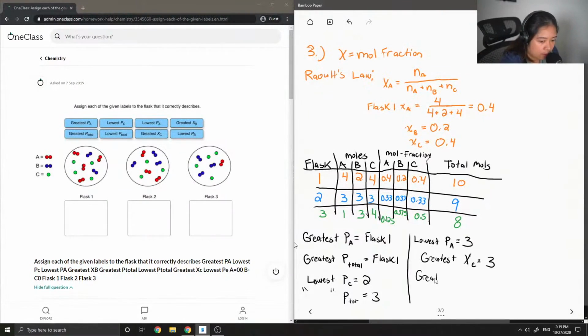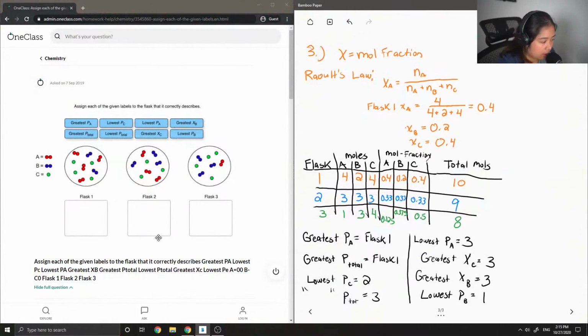The greatest mole fraction of B would, I believe, also be flask 3. And then lastly, the lowest PB is flask 1. Okay, so that's all 8.